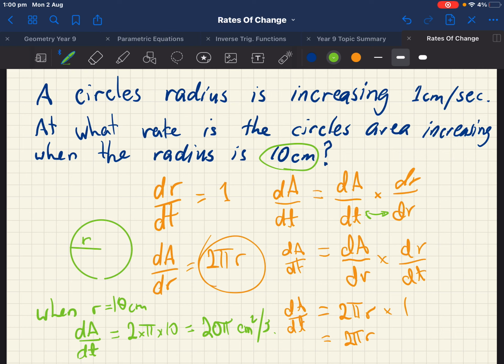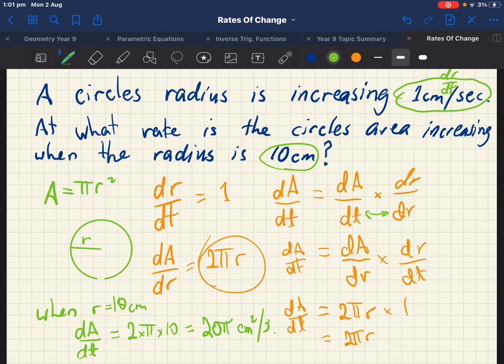So the idea is you'll be given a rate of some description. In this case, we were given what dr/dt is, the rate at which the radius is changing with respect to time. And you'll be given some sort of relationship, or in this case, we had to write it ourselves, some sort of connection between the variables, the radius and the area.